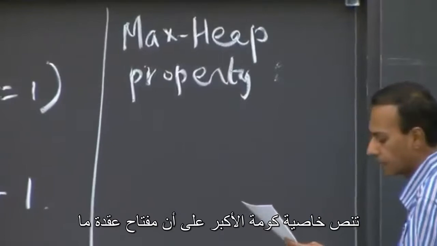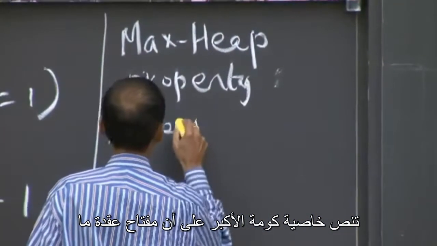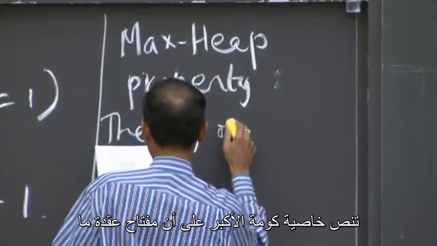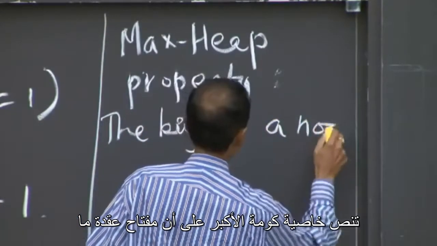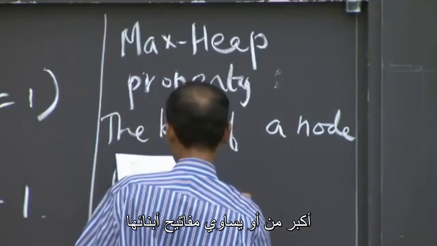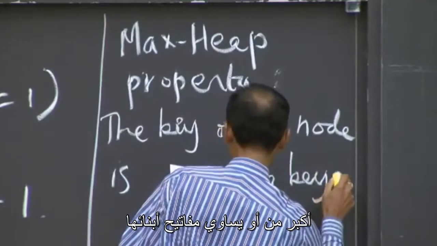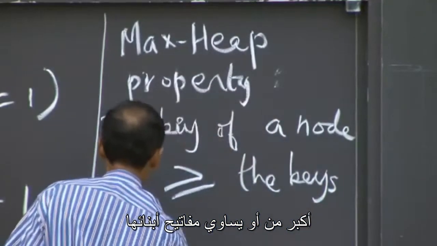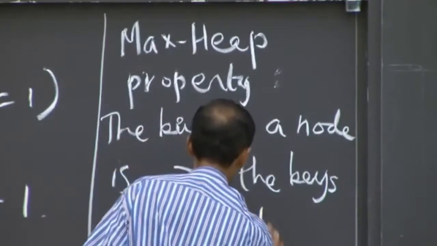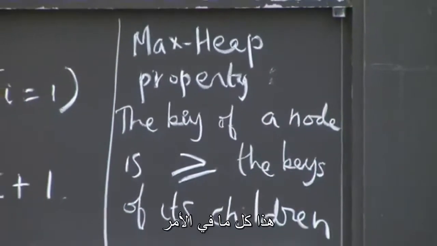And the max heap property says that the key of a node is greater than or equal to the keys of its children. Okay, that's it.